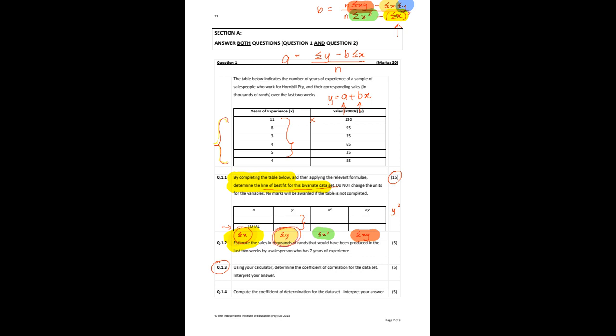It's already done for you. Your B value is from the answer at the top, and then the sum of X also already done for you in the table, and then N again is your sample size.